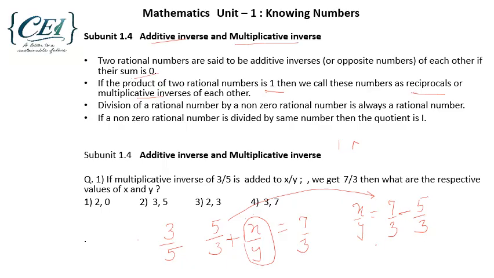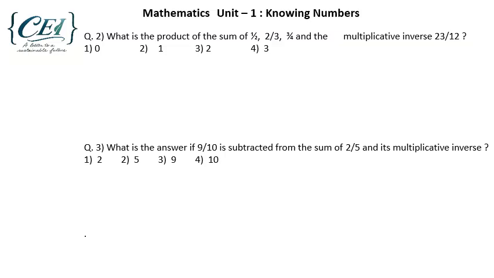So x by y is equal to 7 by 3 minus 5 by 3. What is the answer? Answer is 2 by 3. So x upon y is equal to 2 by 3, means x is equal to 2 and y is equal to 3. Correct? Next question.